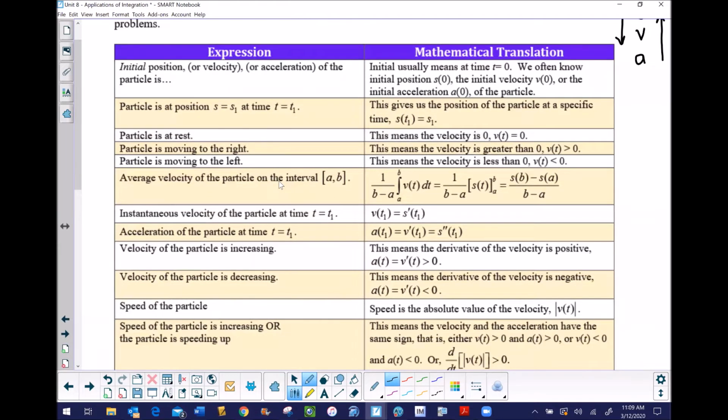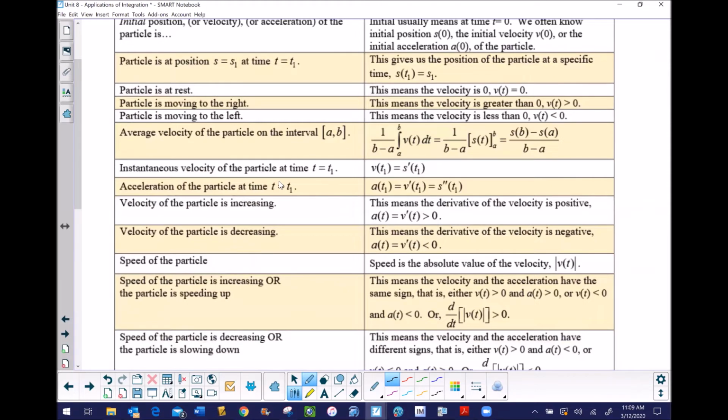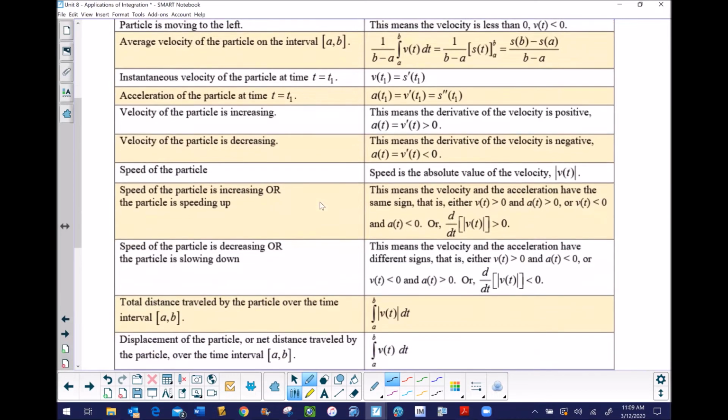One of the bigger things that we're going to talk about in our examples today deals with the total distance that a particle travels, which you can see is down here in this highlighted row. And this is something that's always going to show up on the AP exam.